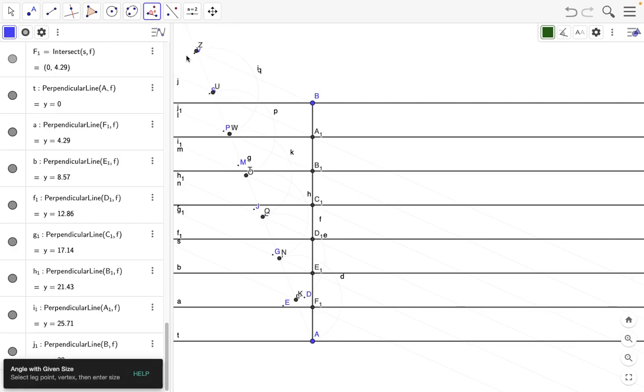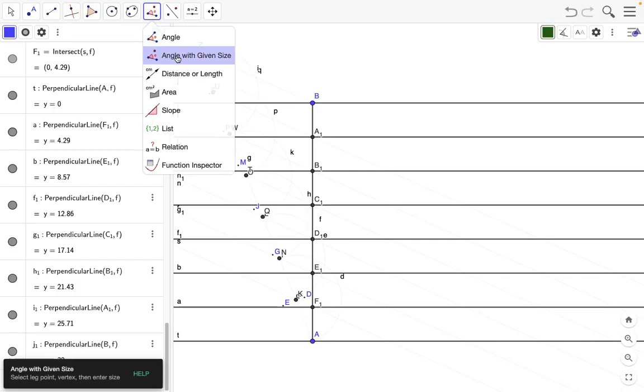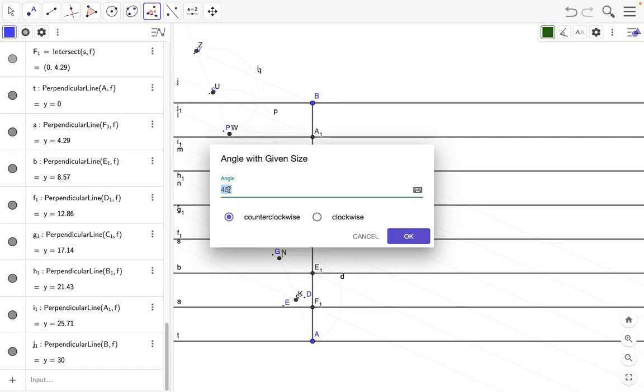As you can see at the bottom left corner, it says select the leg point, vertex and then enter the size. So the leg point and vertex will be B and A, and the angle will be 45 degrees in the clockwise direction, so that we will get a point.